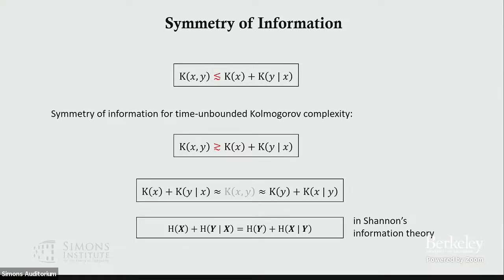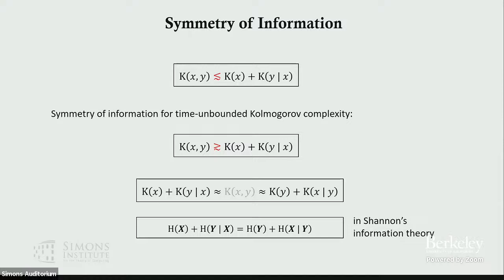Symmetry of information in the time-unbounded setting basically says that this inequality is tight, in the sense that the Kolmogorov complexity of X and Y is at least the Kolmogorov complexity of X plus the Kolmogorov complexity of Y given X, minus some small term.